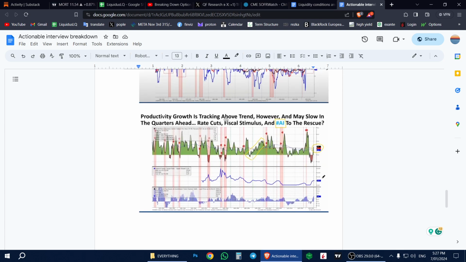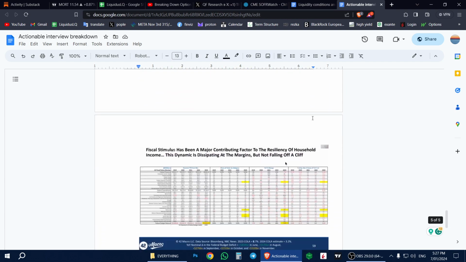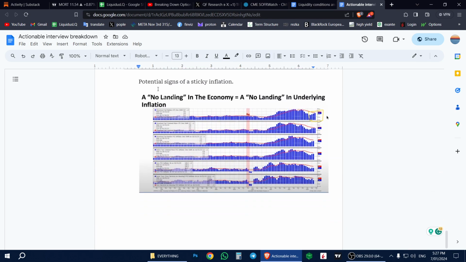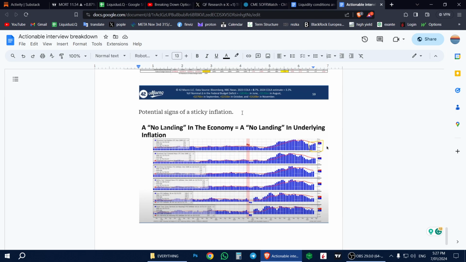Productivity growth is tracking above trend, however, and may slow in quarters ahead. Rate cuts, fiscal stimulus, and AI to the rescue. There are potential signs of sticky inflation, meaning stabilization of inflation in and around the current levels. We've just discussed how to play this, and we will go into more detail in a couple of minutes.